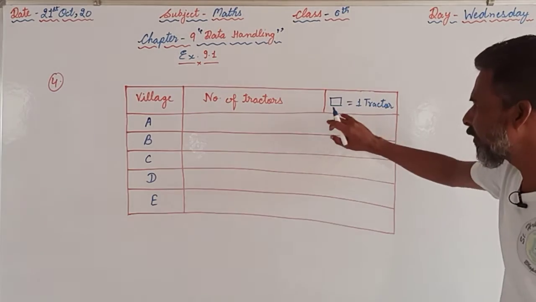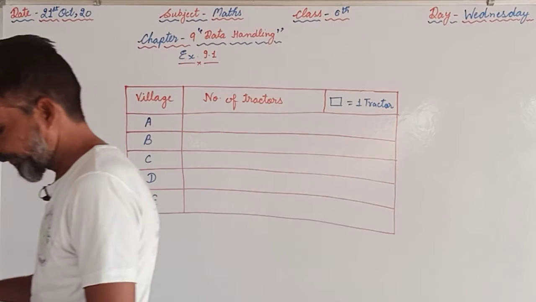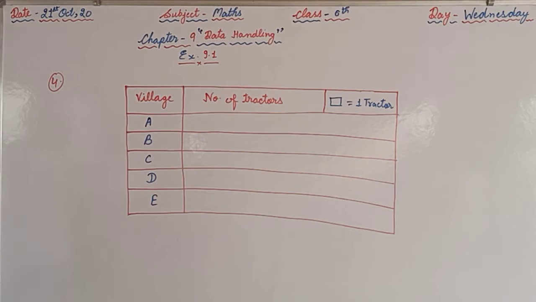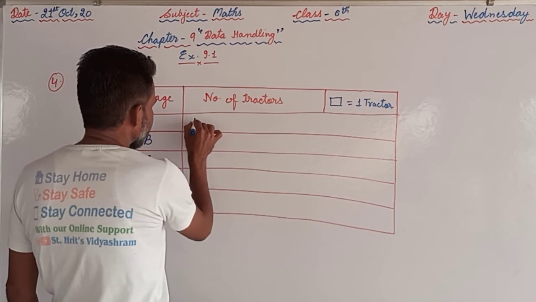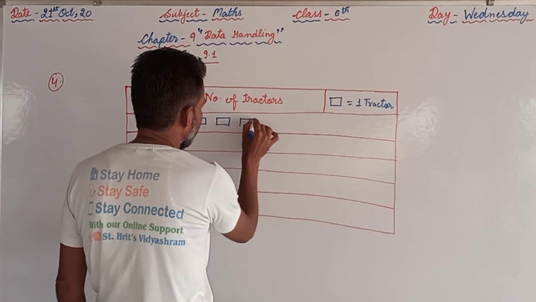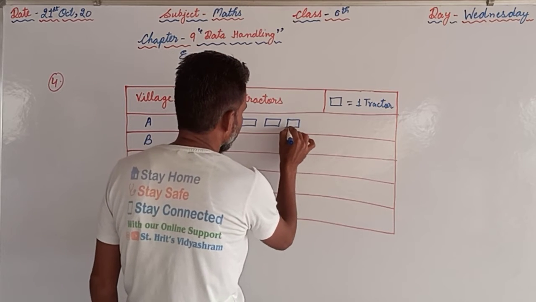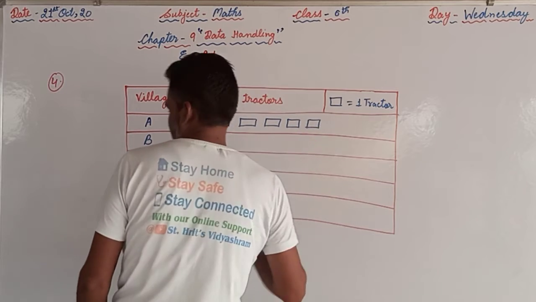It is very hard to draw the tractor here, so in place of tractor we are drawing a box. So in village A, 1, 2, 3, 4, 5, 6. 6 boxes are there.